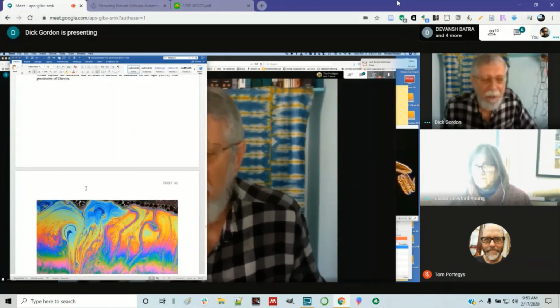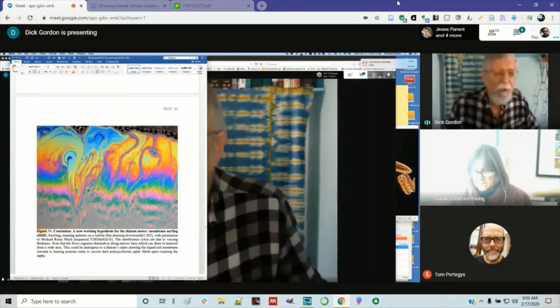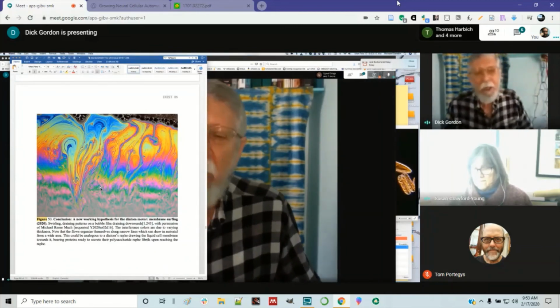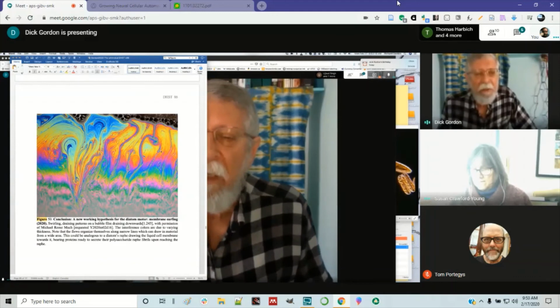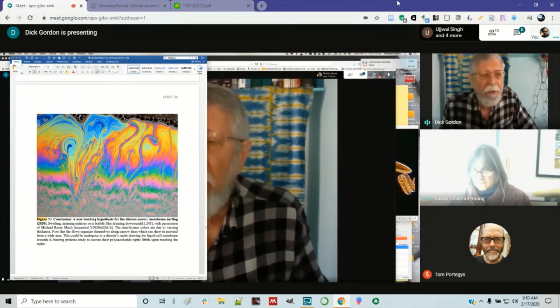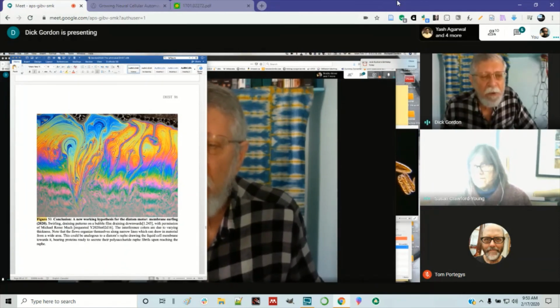So okay, here's what I'm coming to: a new working model which combines a bunch of these ideas. This is a bubble film with gravity pulling down, and you can see the interference patterns show that this stuff swirls and forms channels very nicely.